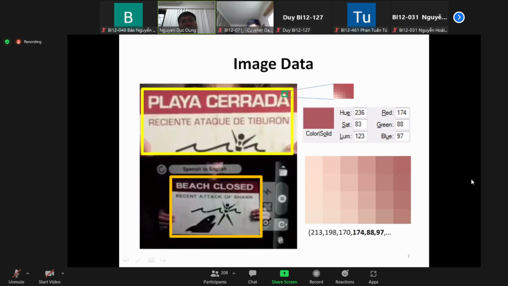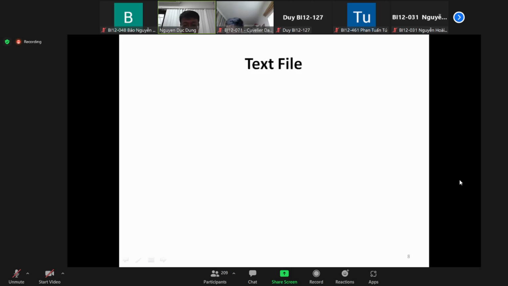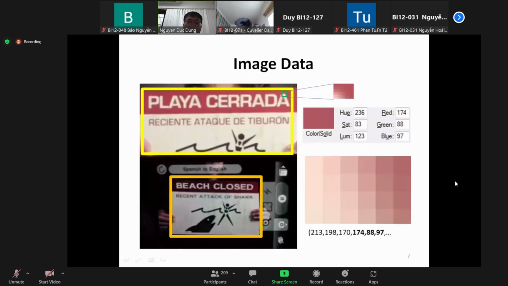So in order to process the information in an appropriate way, we need to know the basic principles and basic knowledge about data, about information, and about processing information by using computers.